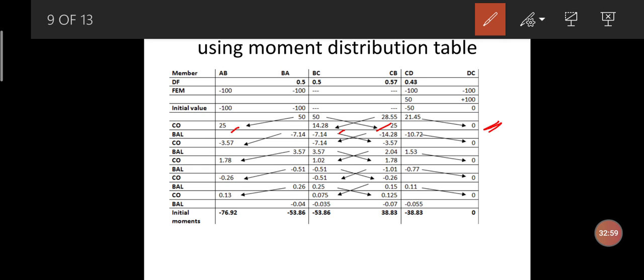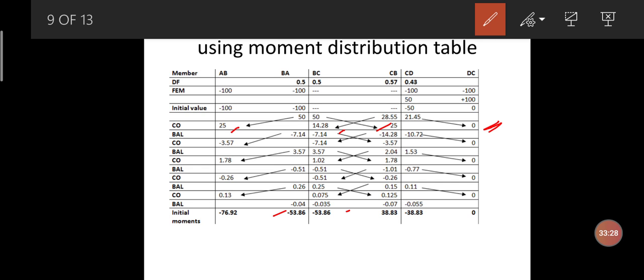This procedure will be continued until I get the balanced moment with a smaller variation. So for the end moments, what I have got at the end as the balance is minus 0.04, minus 0.035, minus 0.07 for CB and minus 0.055 for CD, which is small enough.